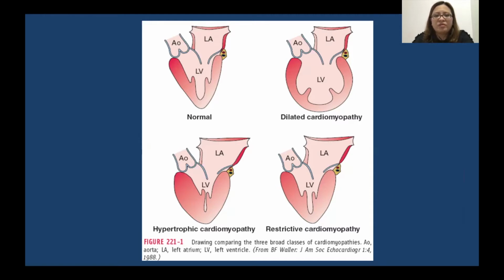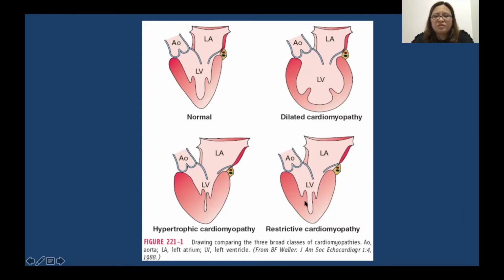In hypertrophic cardiomyopathy, the LV cavity is small and obliterated, but take a look at the walls of the left ventricle. It is markedly hypertrophied and disproportionate, meaning the interventricular septum is markedly hypertrophied as compared to the posterior wall of the left ventricle.